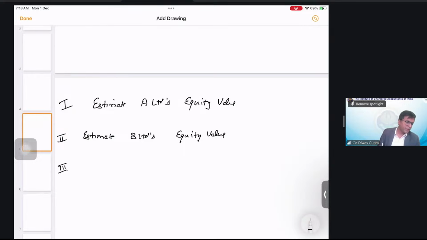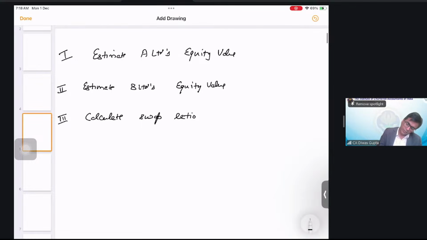Third, calculate swap ratio. Then post-merger analysis. Clear?